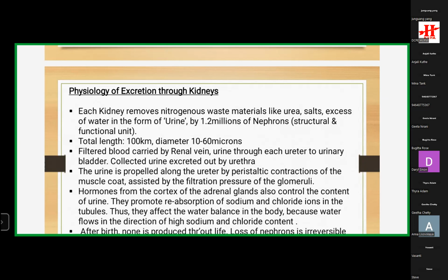You know the sources of fiber: all the green leafy vegetables and the cereals or millets. These are very rich sources of fiber. And when there is lack of fiber and the intake of water is less, what will happen?